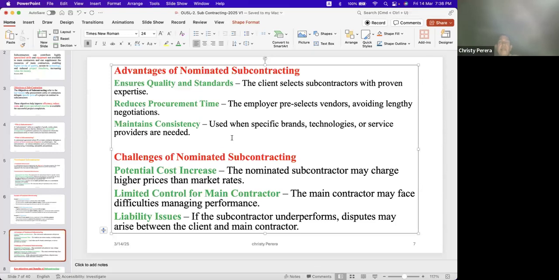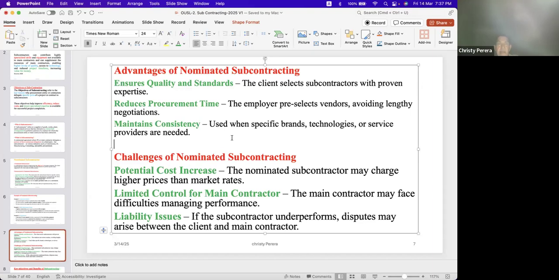So he will think that he can charge any amount, because he's the only person we have selected. Sometimes it can happen. So you will have to face that challenge, and you'll have to pre-negotiate with him and see.